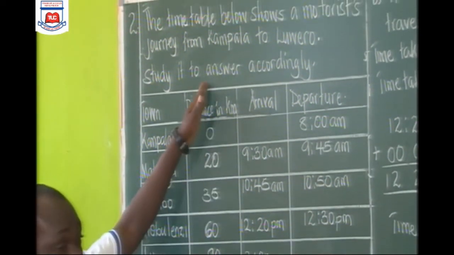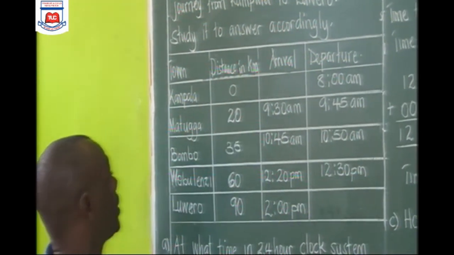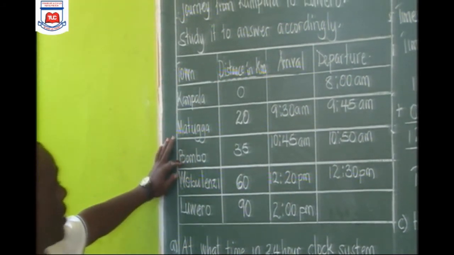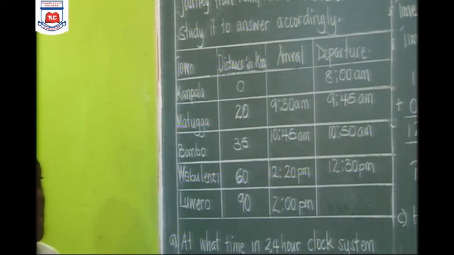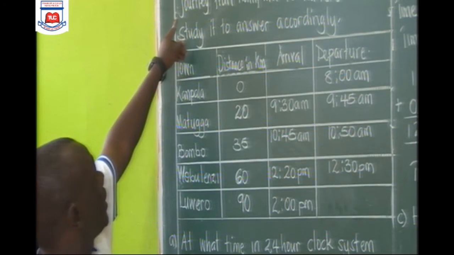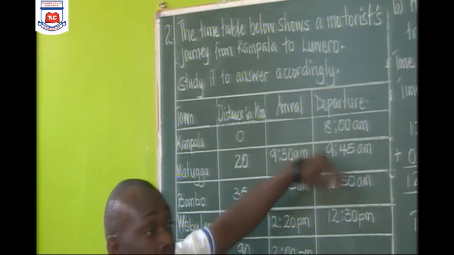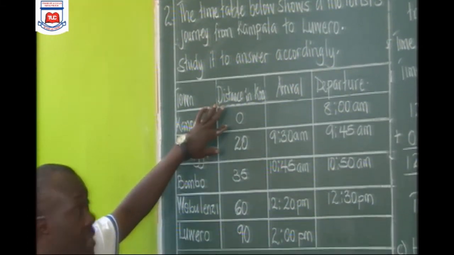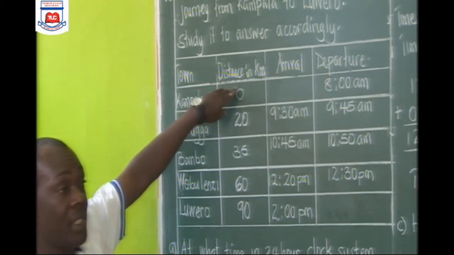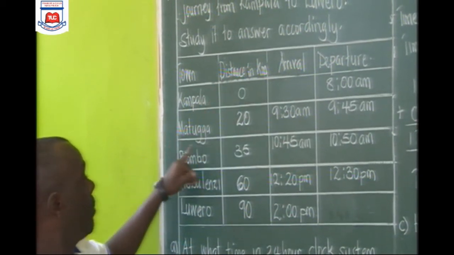This one includes the distance, which must also be studied very well. We have got towns: Kampala, Matuga, Bombo, Woblenzi, and Luweero. Let us study the distance. Since the heading says the timetable below shows a motorist's journey from Kampala to Luweero, it means whichever distance is given here is from Kampala city to the particular town.